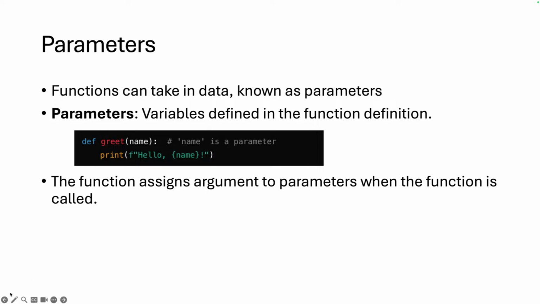So here's a parameter for our function. Our function is called greet, and it takes in the parameter name. And then it prints out hello, and dynamically substitutes the value associated with the variable name into that print statement. So parameters are defined in the function definition, and the function assigns the argument to the parameter when the function is called.